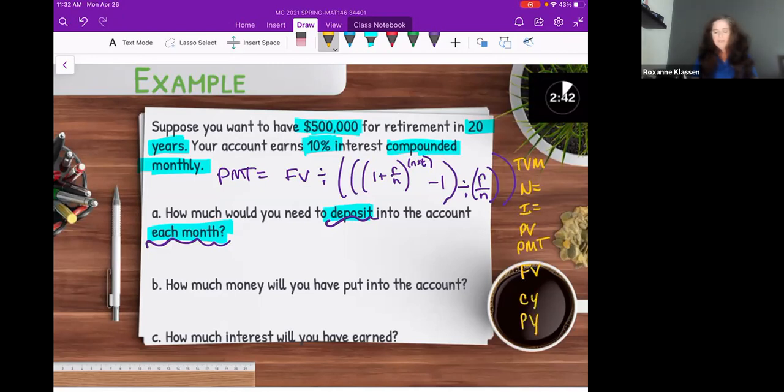And if you're not writing either this down or this down, you're not really doing something that's going to help you for the test. So make sure you're writing either all your TVM stuff down or your whole formula down. So try that. Make sure, again, you get an answer for part A before you try B and C.